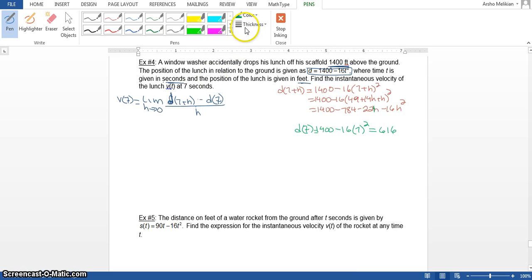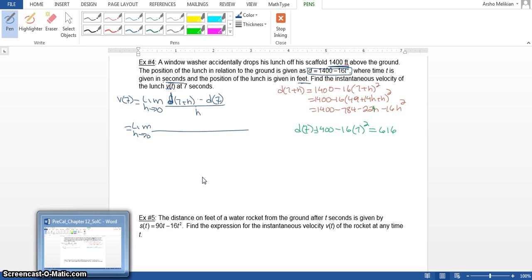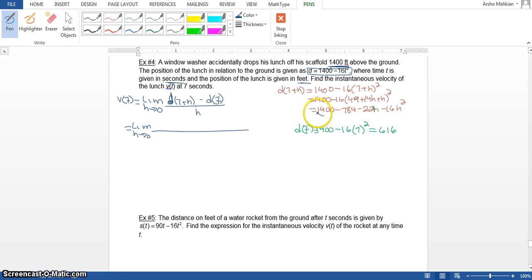So let's plug all that in here. The limit as h approaches 0 of d of 7 plus h. Now this will give us 616 minus 224h minus 16h squared, minus 616, over h.